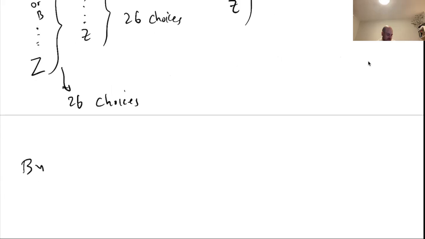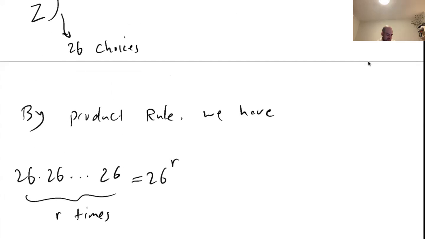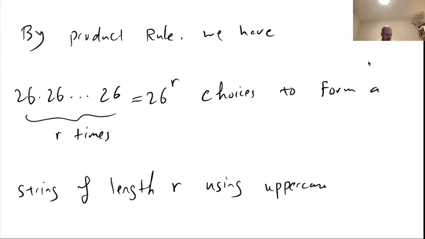So again, by the product rule, we have 26 times 26 times 26, r times, which means 26 to the power r choices to form a string of length r using uppercase letters.